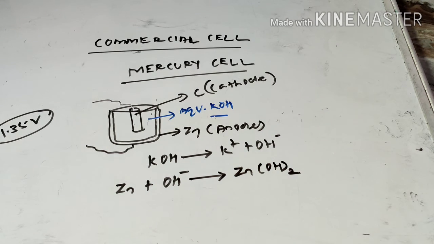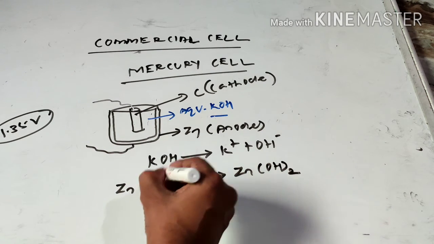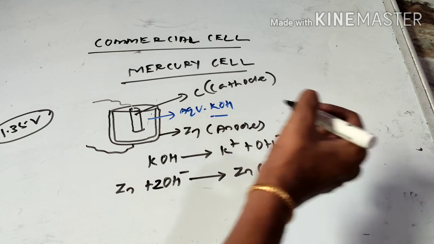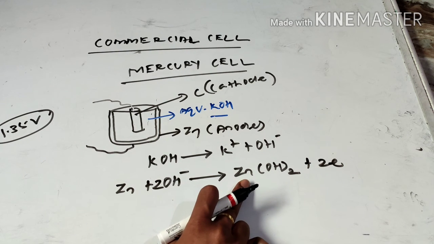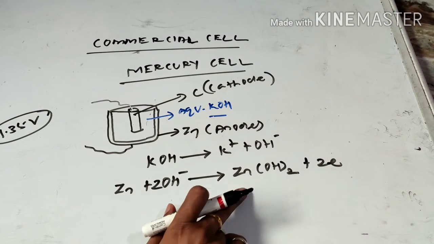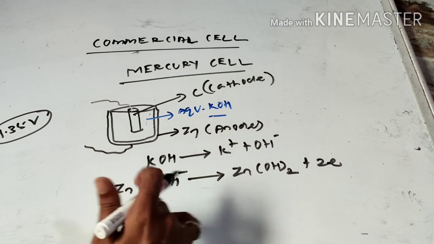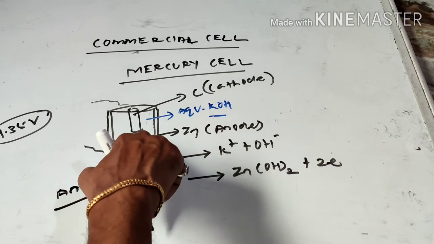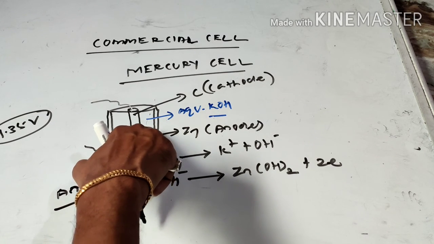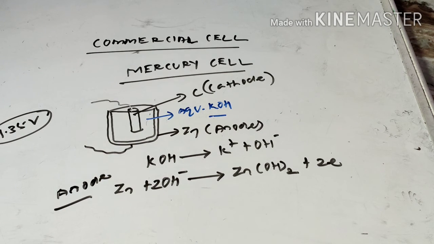It will balance, and it becomes 2 electrons. Here the zinc oxidation number is 0 and here the zinc oxidation number is +2. That indicates that zinc undergoes oxidation and acts as the anode. And this is a porous layer, and inside it we put the chemical.